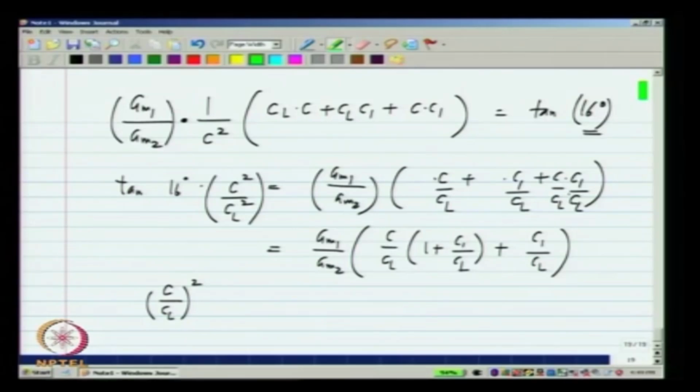So, if you have a large load capacitance, all the other capacitance also tends to be larger. So, you can calculate C by CL from this expression based on the ratio GM1 by GM2, the phase margin that we have.